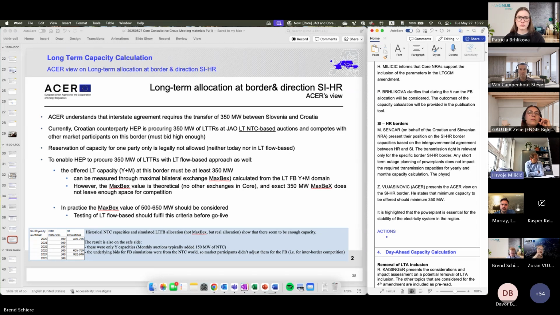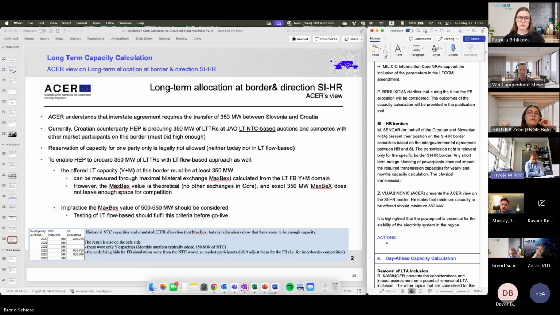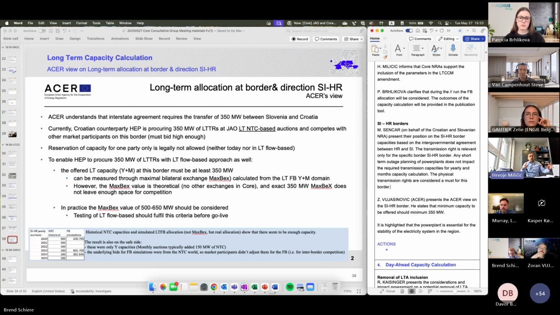And regarding a short reaction on the max BEX values, yes, we are all aware that it's only a theoretical value. As HERA, we support all the preconditions for how the domain could be extended, especially in the direction from Slovenia to Croatia. This max BEX parameter shows what the theoretical possibility is. We support all the actions from the TSOs in expanding these trading possibilities in these directions, but we are still not sure, based on the current simulations, that it can be sufficient.